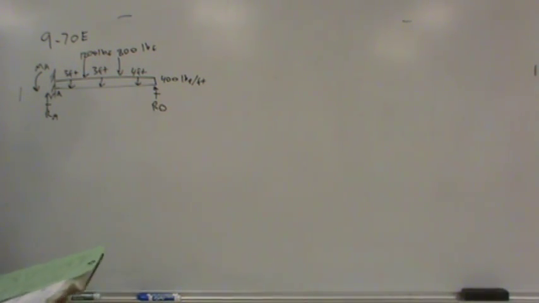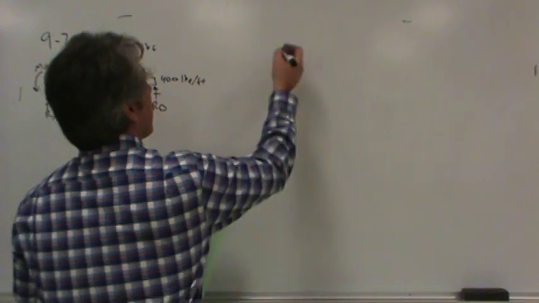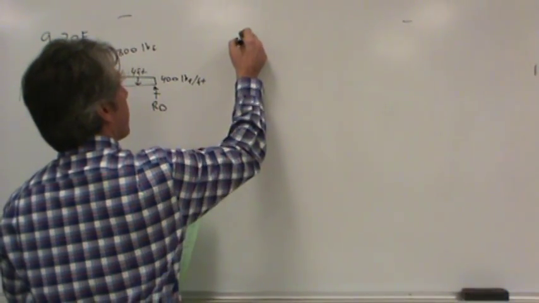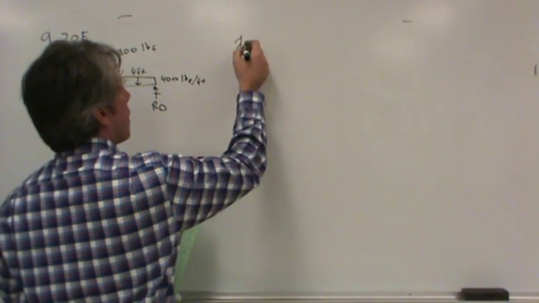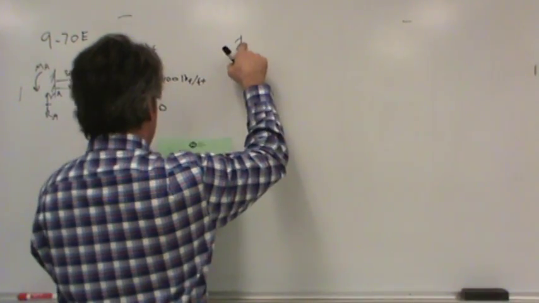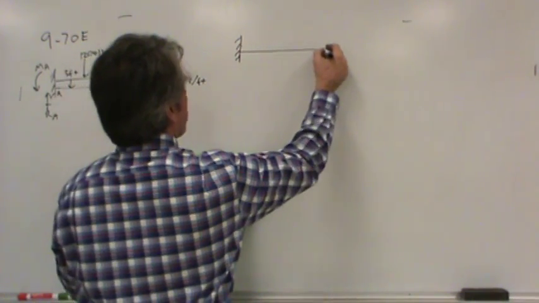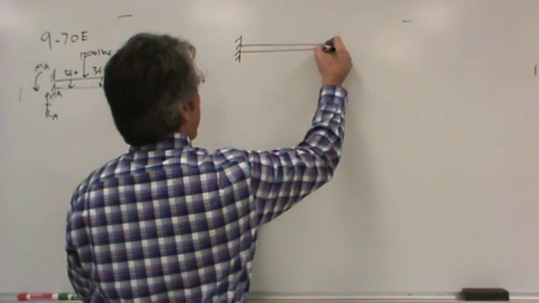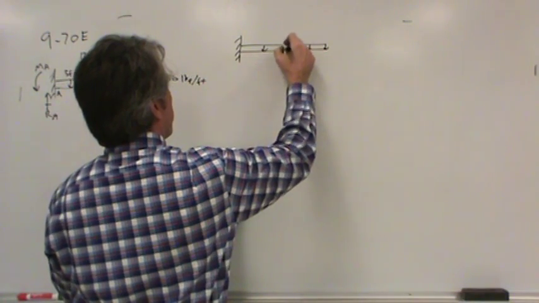Now, in order to solve this, what I'm going to do is start off trying to get the reactions at A and D. And to do that, I'm going to look at this as if it's the sum of several different beams that are loaded in simple ways. So for example, the first beam will simply be a beam that has all of the distributed load on it.